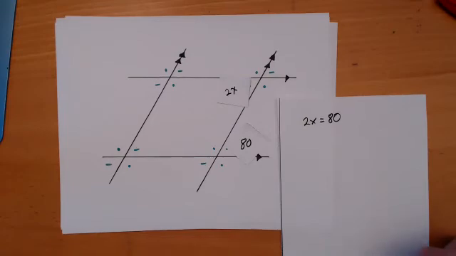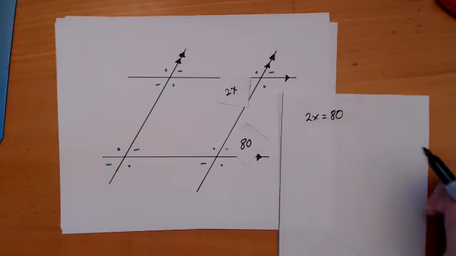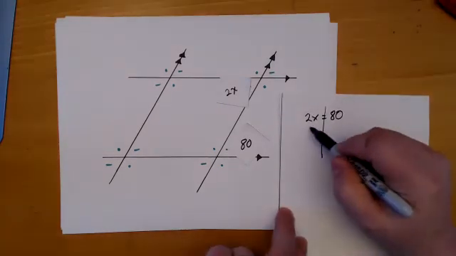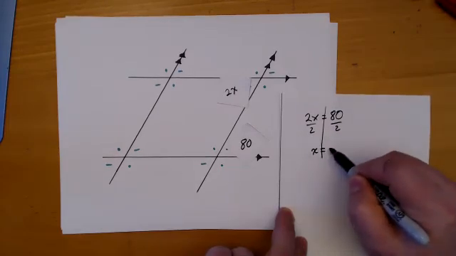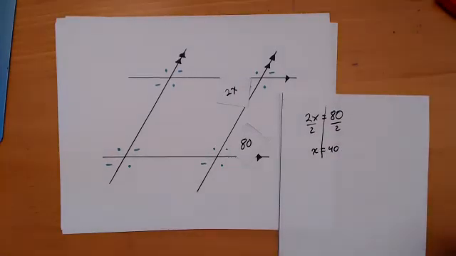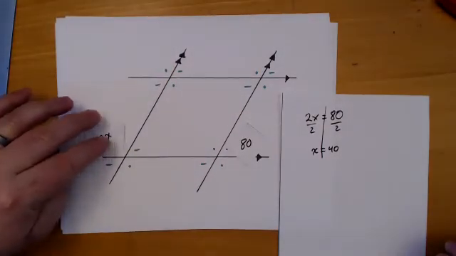Okay. So you got to get x alone. How do I get rid of the 2? Okay. Let's try these 2.